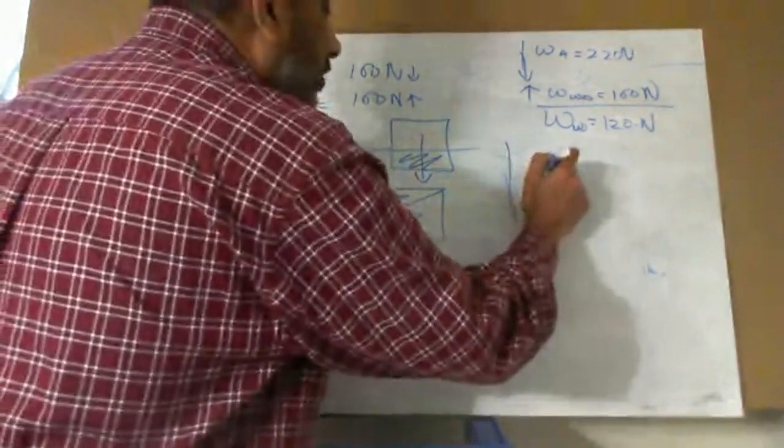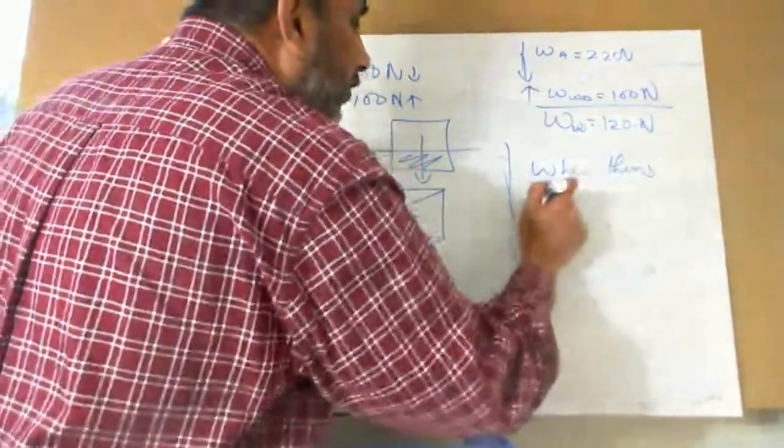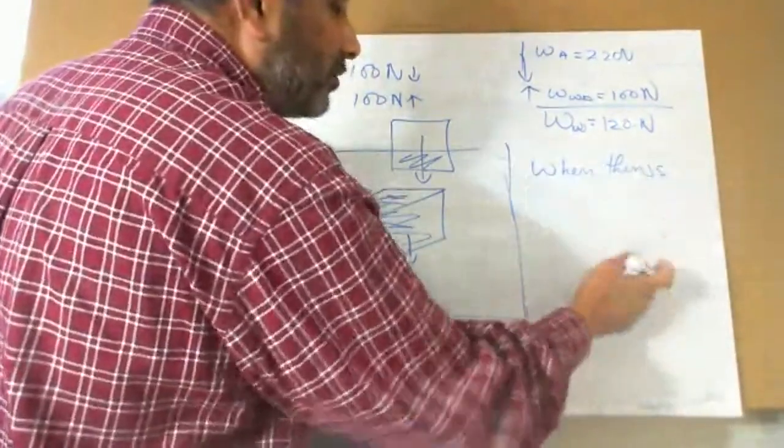So I'm going to write, when things float. Now it could be water, it could be mercury, it could be any liquid.